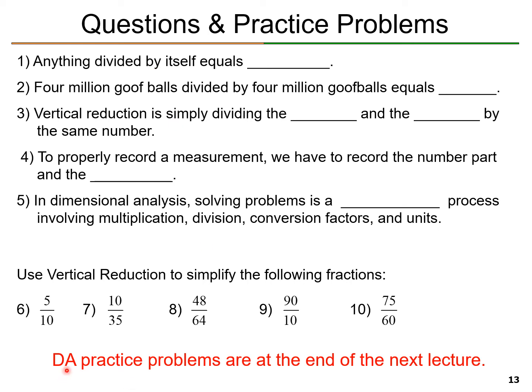I put the dimensional analysis problems at the end of the next lecture because we are going to solve more problems in the next lecture using dimensional analysis. You are not expected to have mastered dimensional analysis from this one example.